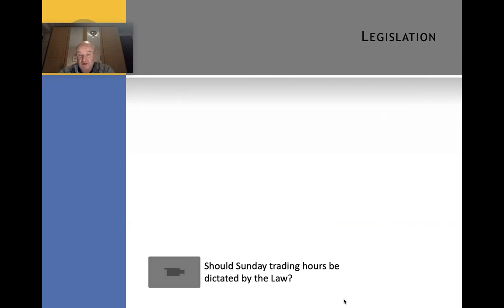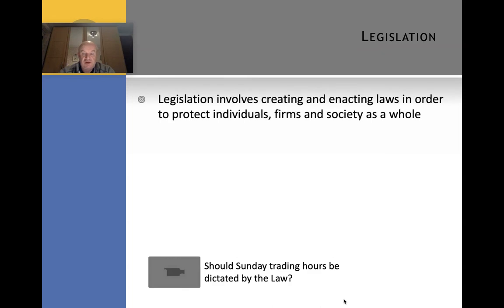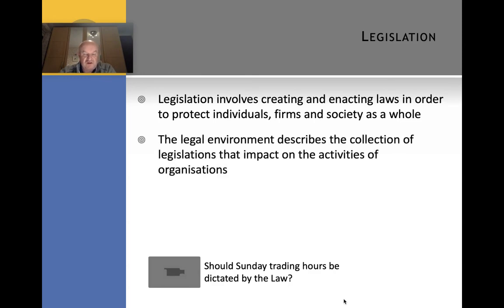Next thing that they can look at and do, clearly use an awful lot, is legislation. So that's where the government is actually creating laws and enacting laws in order to protect individuals, firms and society as a whole. And there are a whole range of examples. Now, the legal environment is a collection of acts of parliament and laws that have an impact on the activities of organisations and other members of society too.